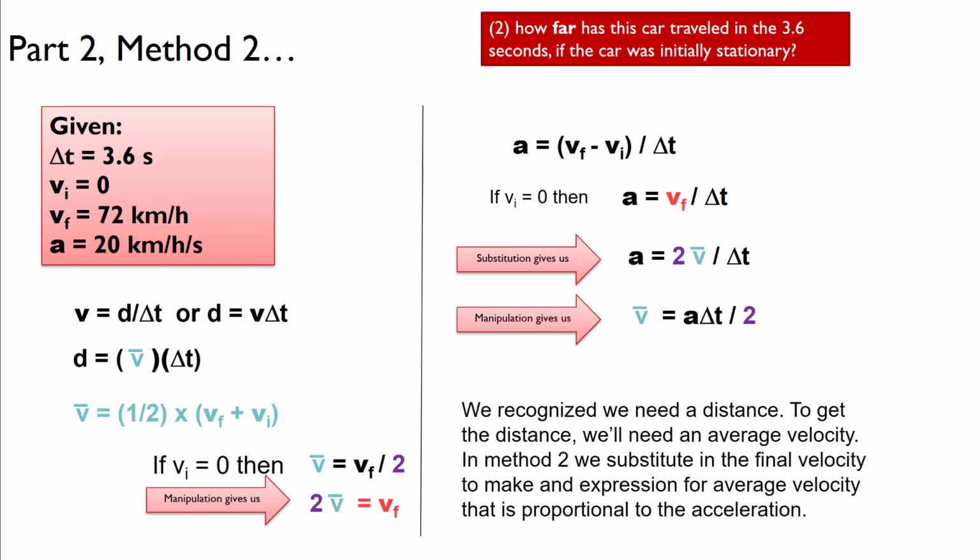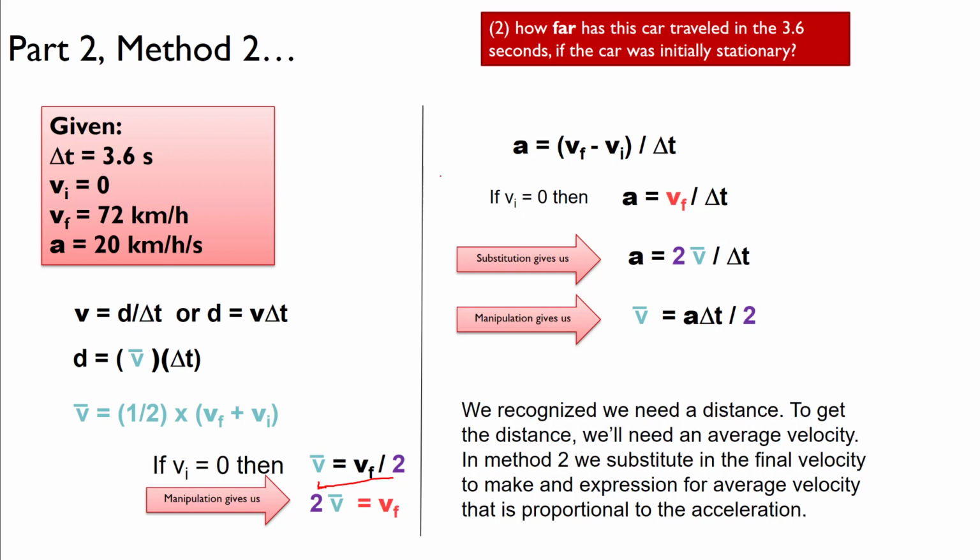But this is where we're going to deviate. Basically, if velocity initial is nothing, then this is really just VF times 1/2, or VF over 2. And I can then move the 2 over to the other side, and my final velocity is really 2 times the average velocity. That's all we're going to get out of that.